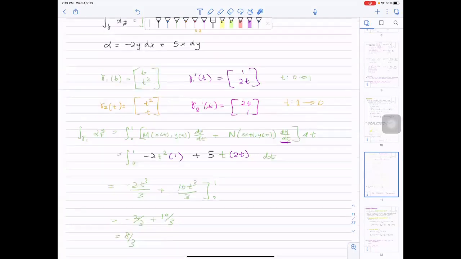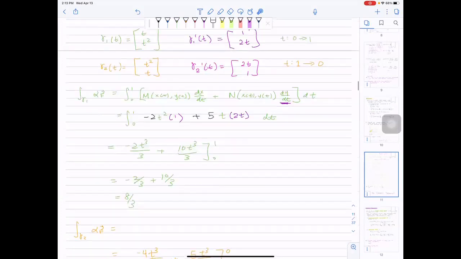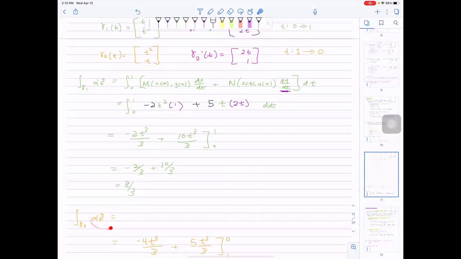Okay, and now we need to take the integral over our orange path. So we do the same thing. Now our t is going from 1 to 0. So I put 1 on the bottom, then 0 on the top. Our function is negative 2y. So we have negative 2. We define y as t.